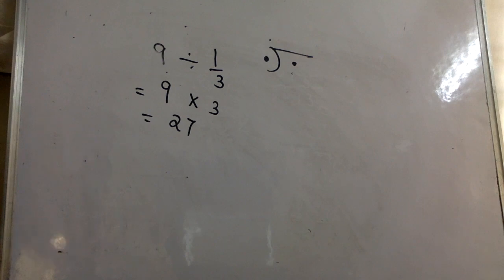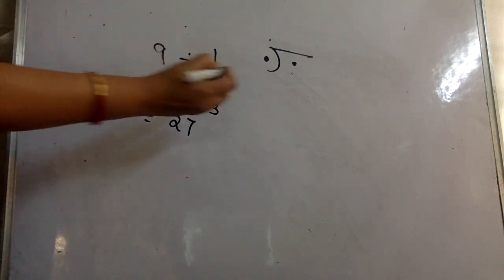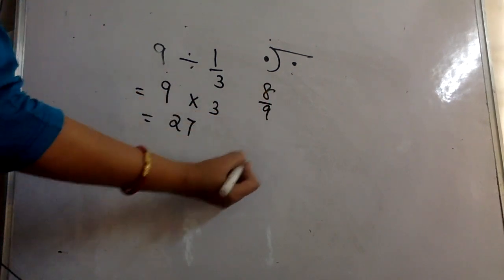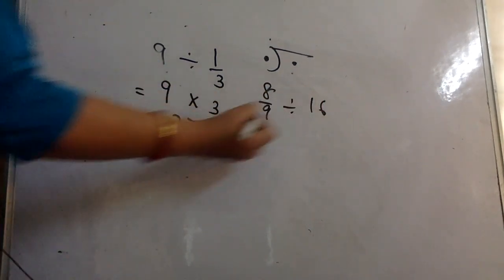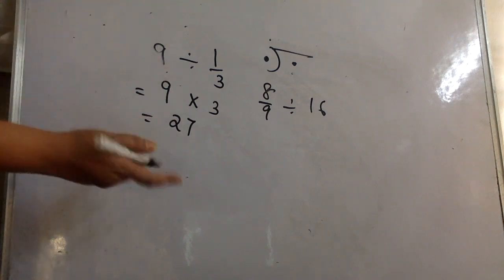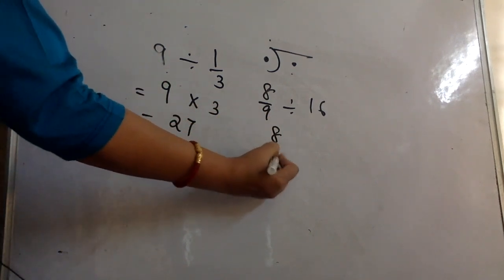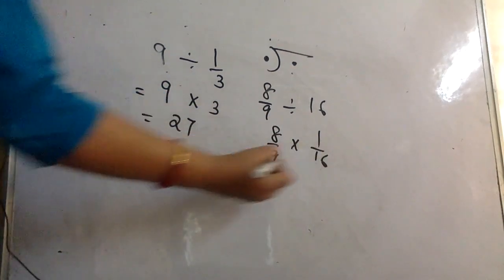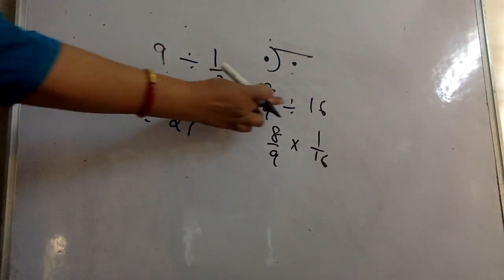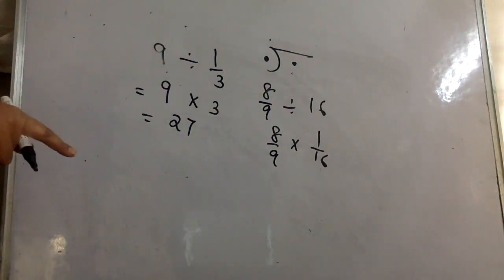The next question is 8 by 9 divided by 16. Now in this question, we have the fraction in the beginning, no problem. 8 by 9 into 1 by 16. Basically, whatever you have after the division sign, that gets the reciprocal.